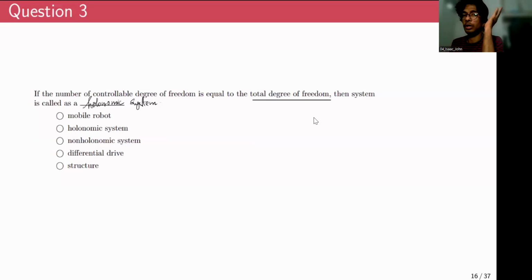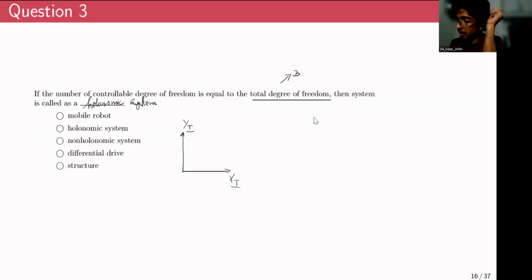For all wheeled mobile robots, the total degrees of freedom is going to be 3. If you consider the inertial frame of reference, xi and yi, you require 3 coordinates to fully define the mobile robot base.